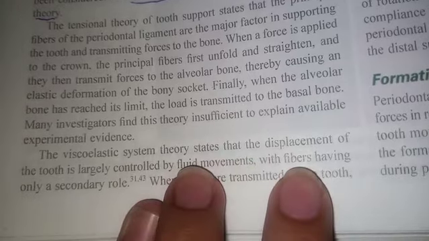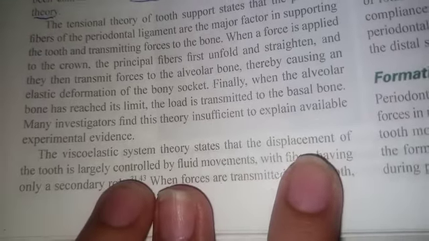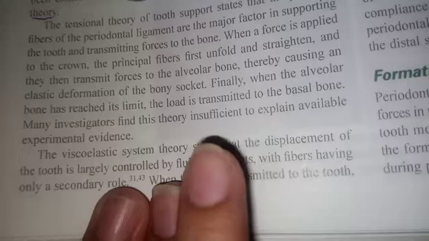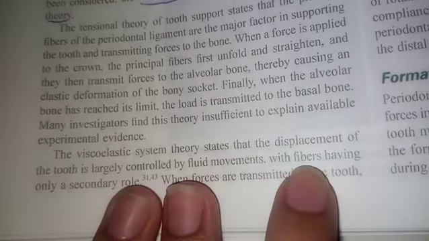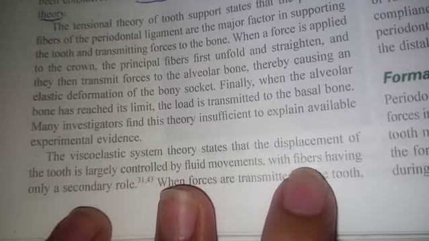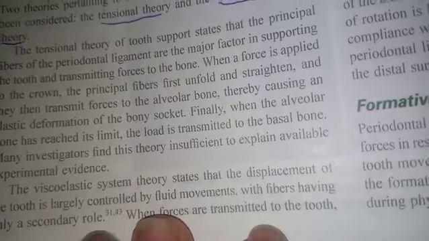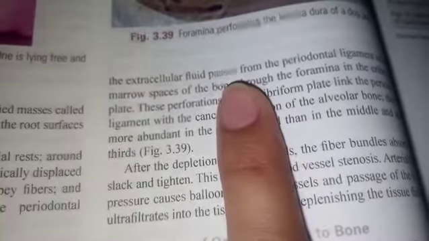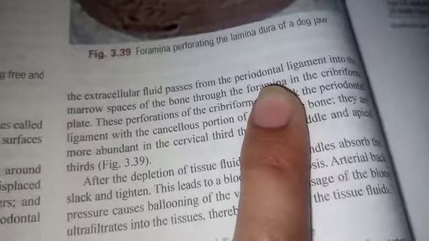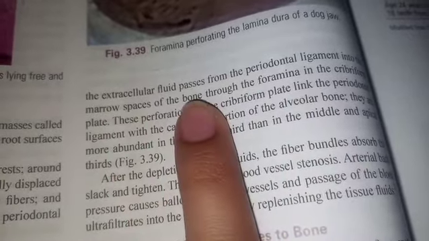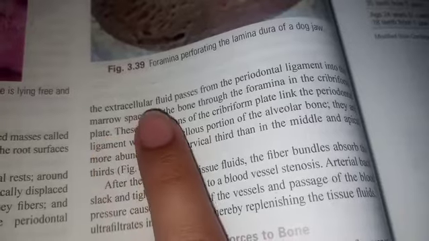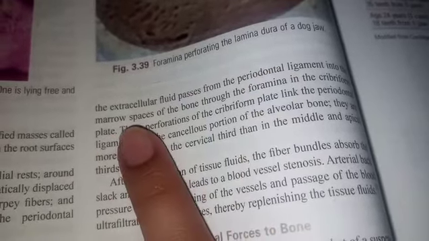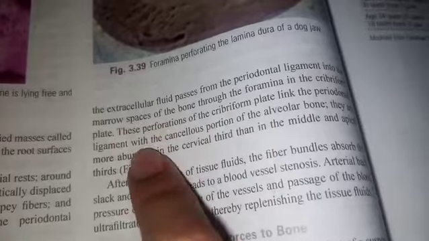According to them, the displacement of the tooth is largely controlled by fluid movements. In the first theory, there were principal fibers, but here it is fluid movements, and they consider fibers to have only a secondary role. When force is transmitted to the tooth, the extracellular fluid passes from the PDL into the marrow spaces of the bone through the foramina in the cribriform plate.